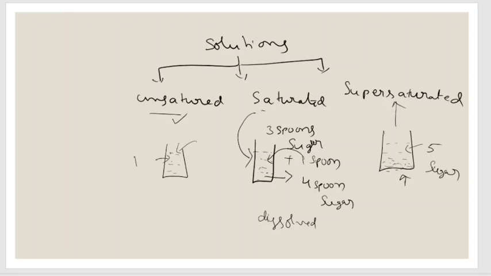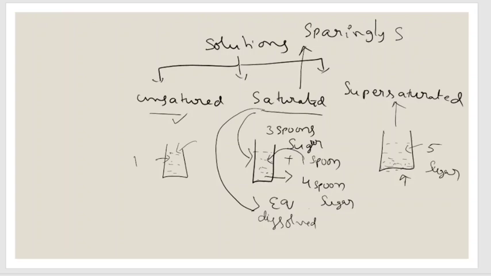So we can say that equilibrium phenomena are involved in the saturated solution of some particular salts which are not completely dissolved. Those salts are nothing but sparingly soluble salts.